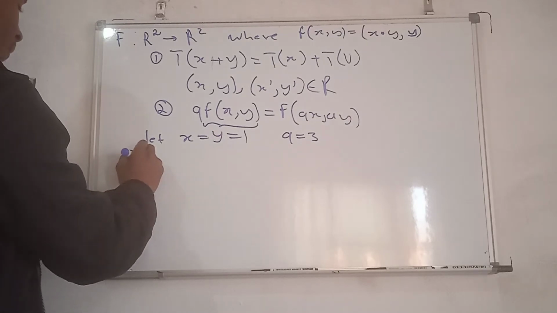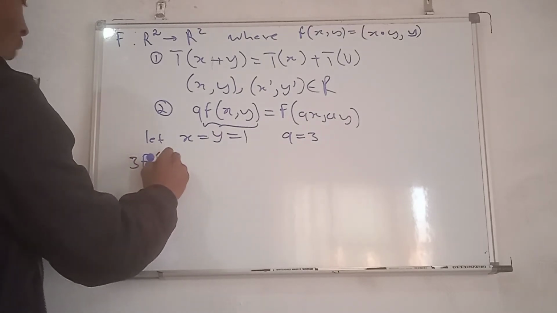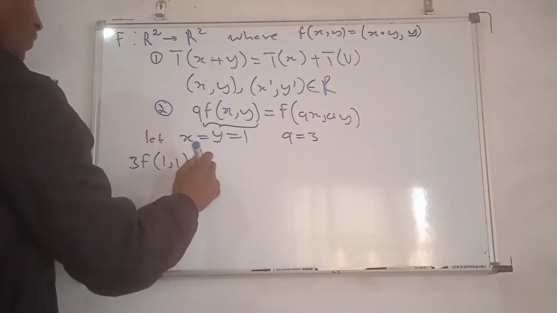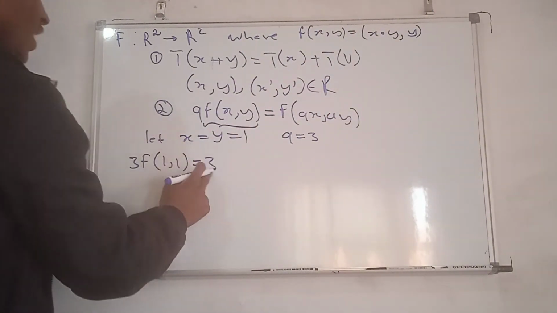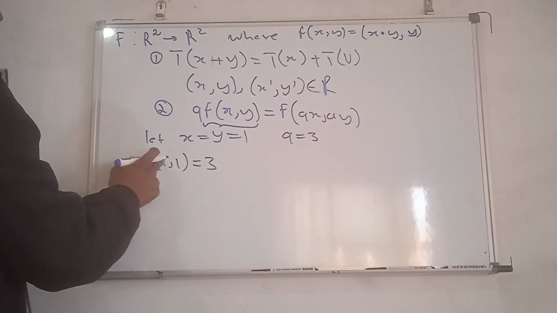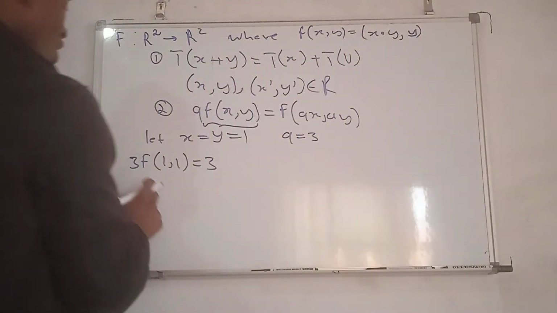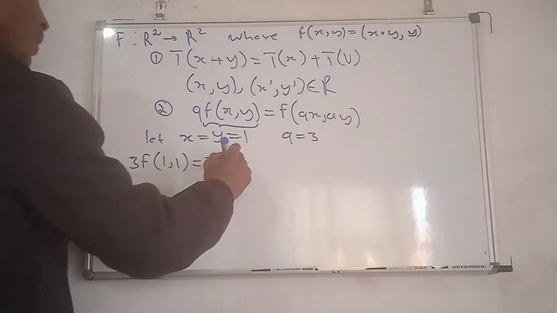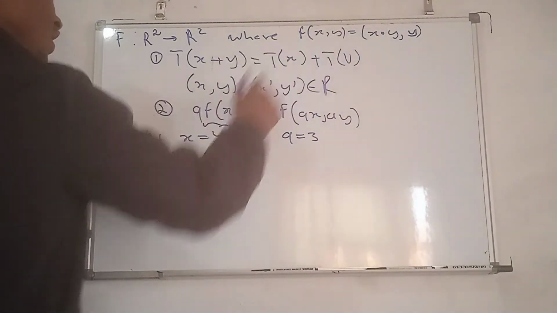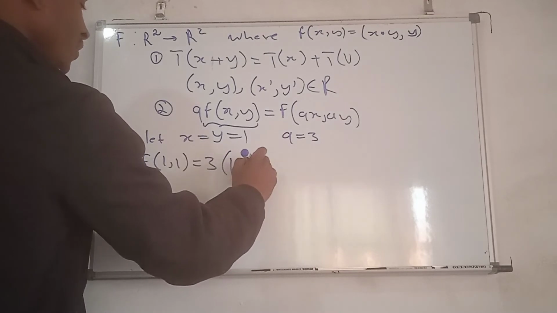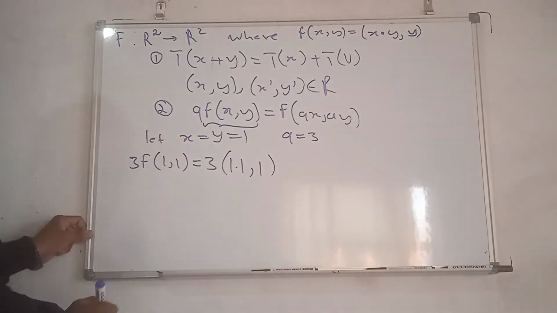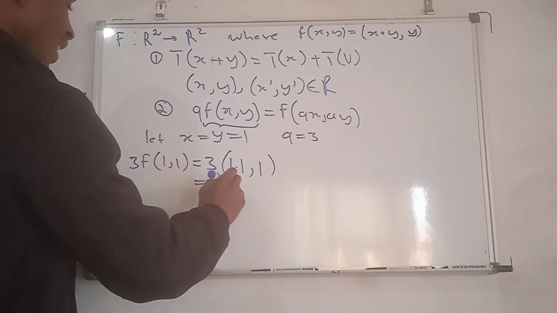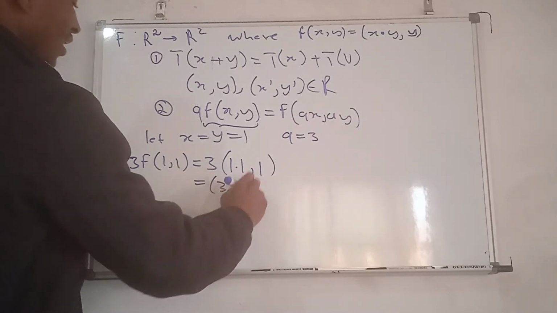My scalar is 3 and f(1, 1). Since f is multiplied by a scalar of 3, we must also multiply this side by a scalar of 3. And here it's (1, 1), so this can be multiplied to be (3, 3).